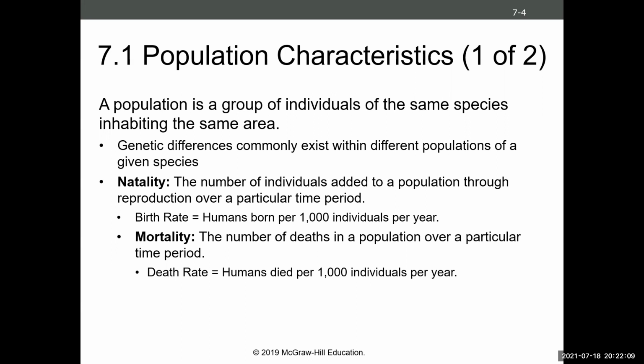So for example, maybe there's 1,000 individuals born per year. And then we can also relate that to the mortality rate, which is basically the number of deaths in that population. So if that death rate is the same as the birth rate, then the population's not increasing over time. So it's basically a net zero effect.